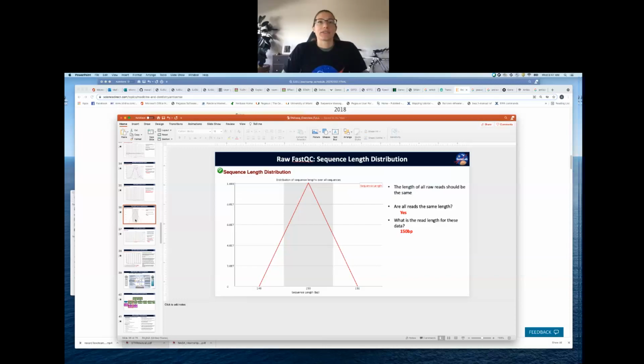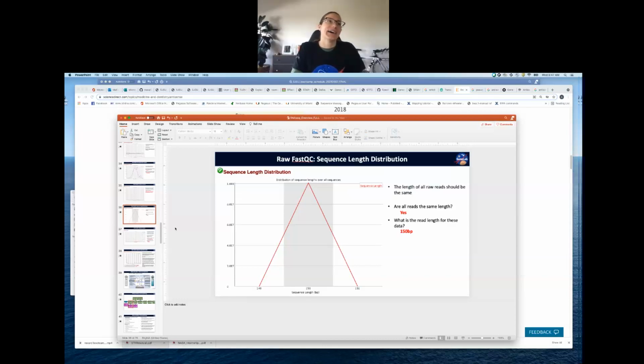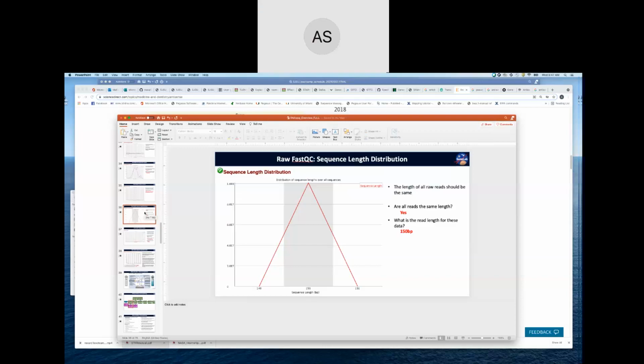I don't know why it's graphed like that. That's not true. I was always curious about that too. You're absolutely right, it really should just be one peak here. They're all 150. That's even more magical. How do you get single nucleotide resolution?